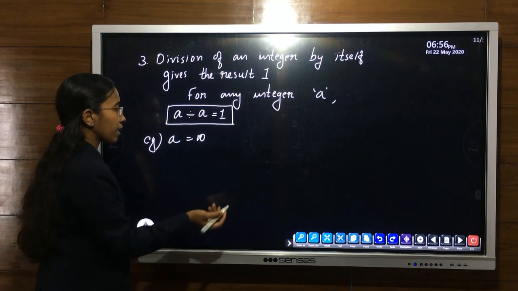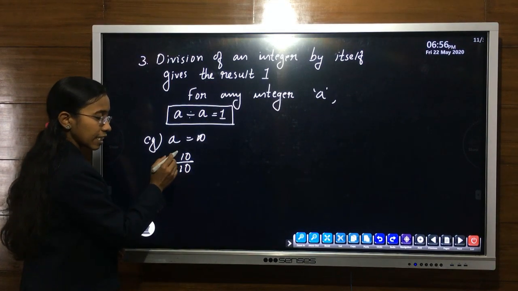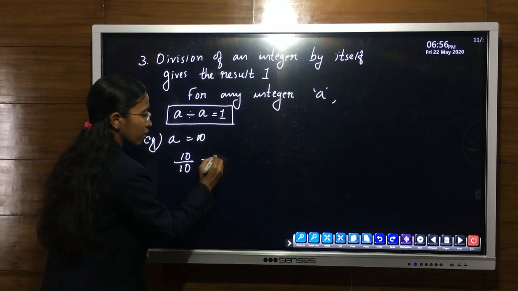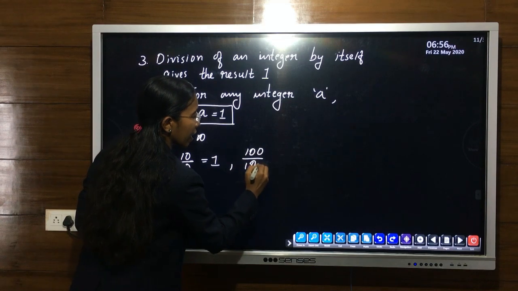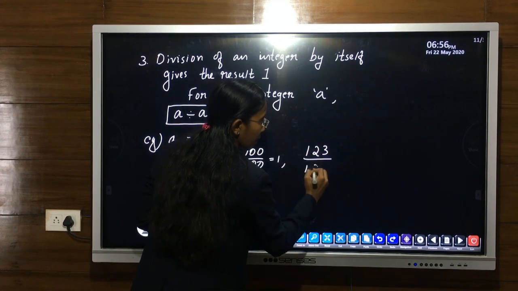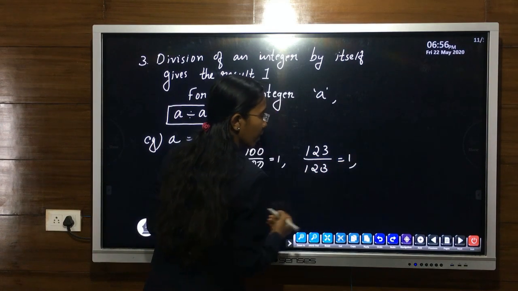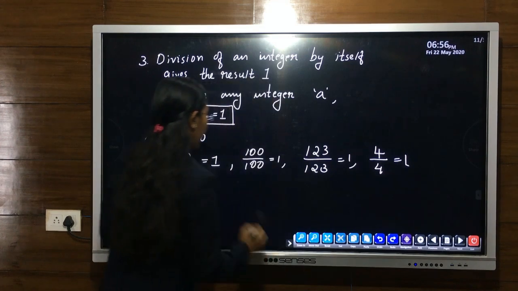Then a divided by a means 10 divided by 10. Division of an integer by itself, our answer is always 1. 10 by 10 or 100 by 100 is also 1. Or 123 divided by 123, answer is 1. Or 4 divided by 4, 1.